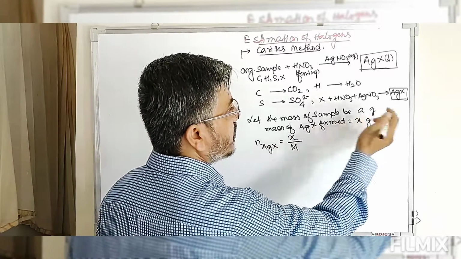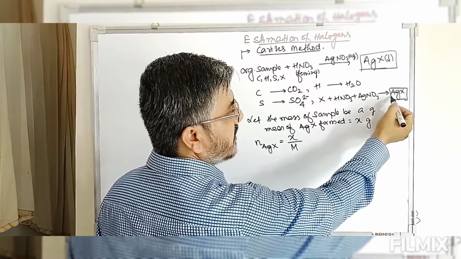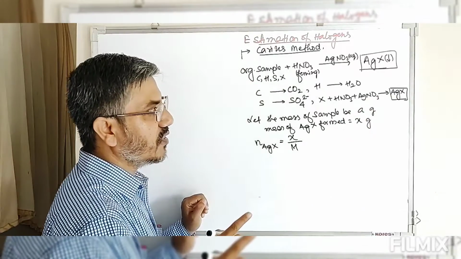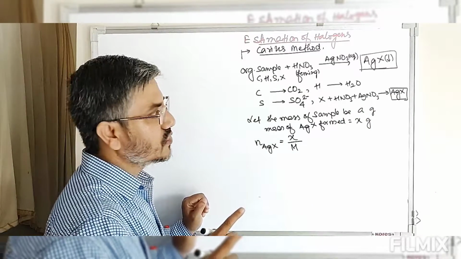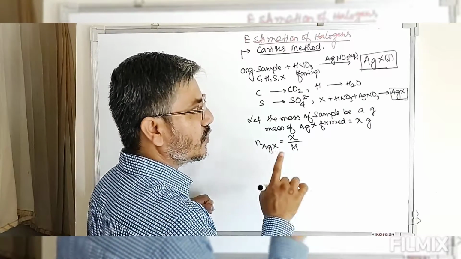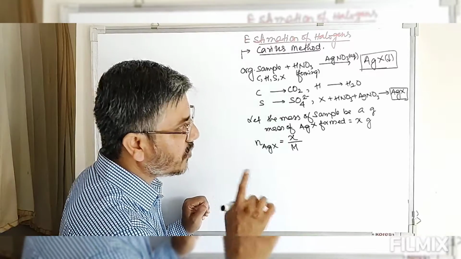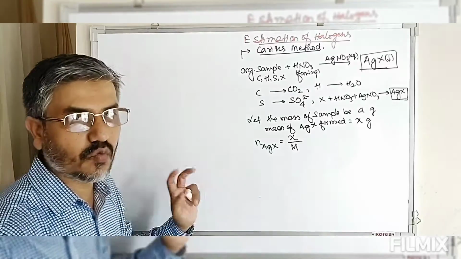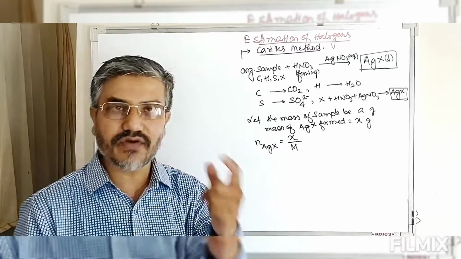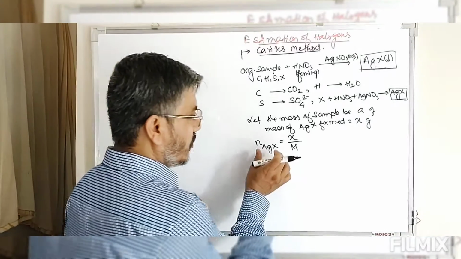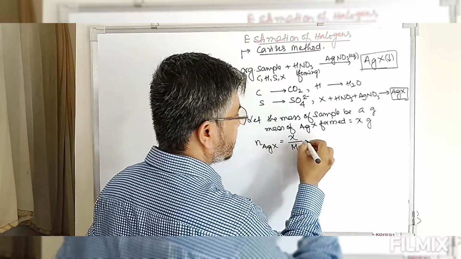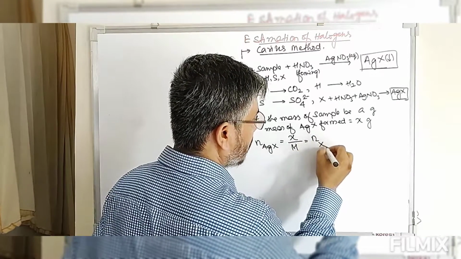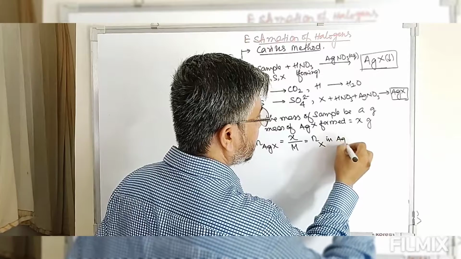Now if you look at this formula, one molecule of silver halide contains one atom of halogen. So one molecule contains one halogen, so 5 molecules will contain 5 halogens. So 1 mole will contain 1 mole of halogen. That means the number of moles of AgX is equal to the number of moles of X in AgX.